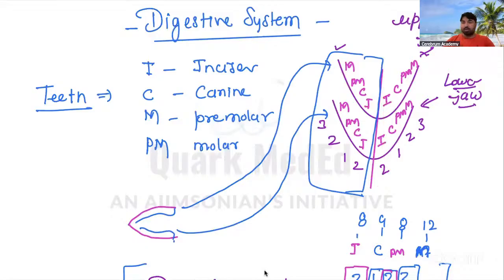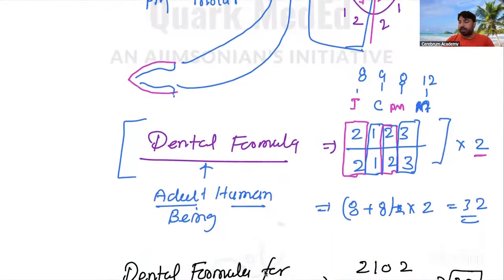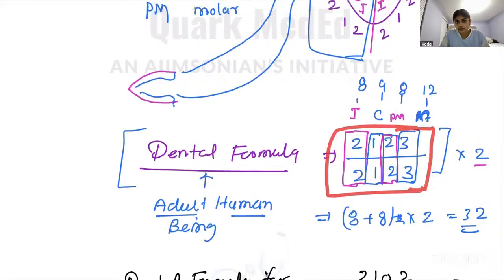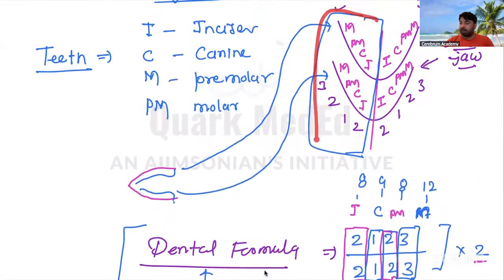Understood? So in total, an adult human being has 32 teeth. These are represented in the form of a dental formula. This is the dental formula for an adult human: 2123, 2123. The dental formula tells us half of the story.